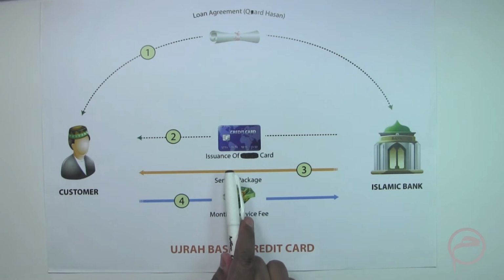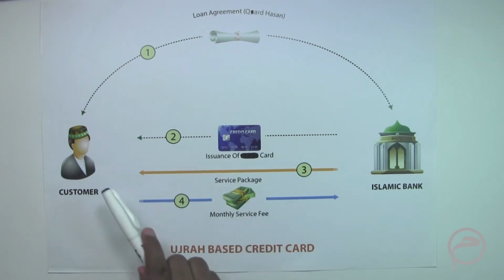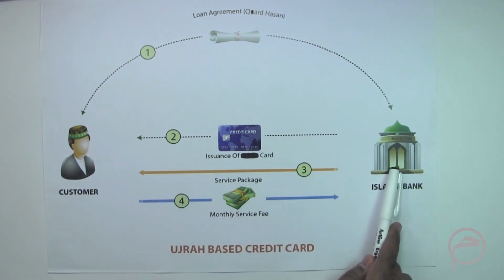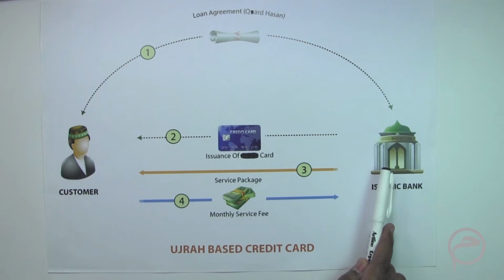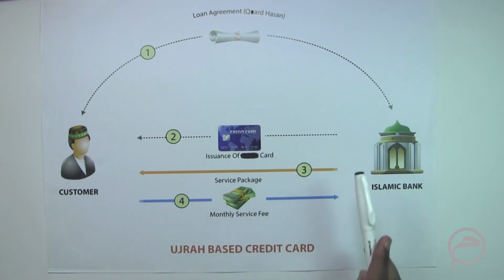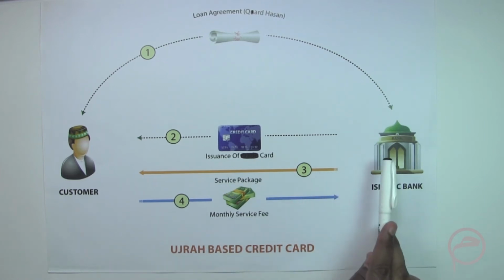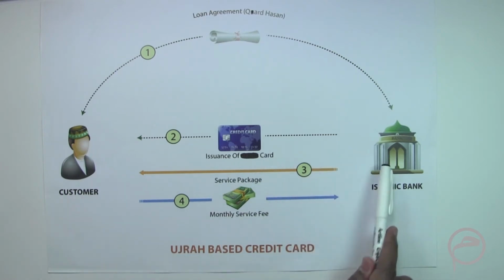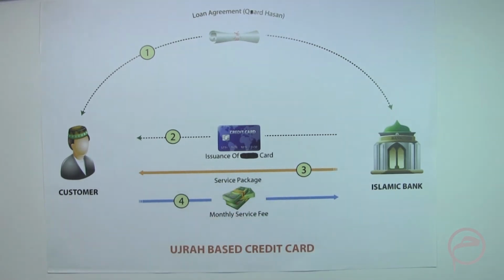What we need to understand is that irrespective of the usage by the customer, the fee charged by the Islamic bank does not vary, it is fixed. So basically in an Ujrah based card, a fixed service fee is charged by an Islamic bank to the customer. Every month the customer pays a fixed service fee to the bank.